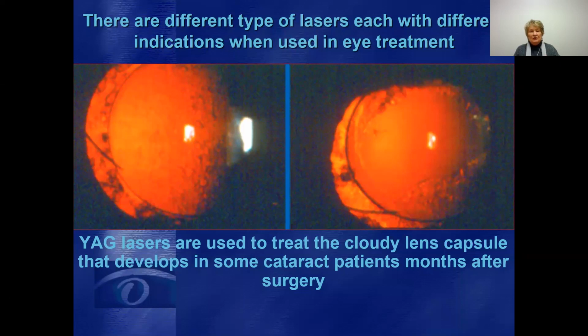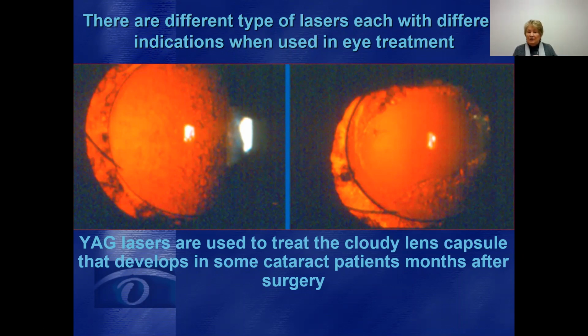The back part of the capsule of the lens, we leave in place. So they got the front of it out, the whole middle part they sucked out of the eye, and they left what we call the capsule in place in the eye.